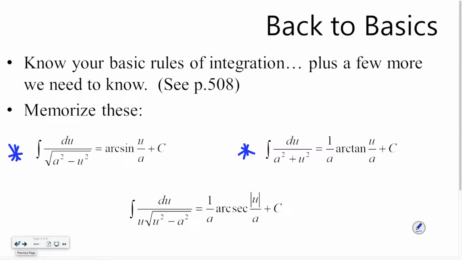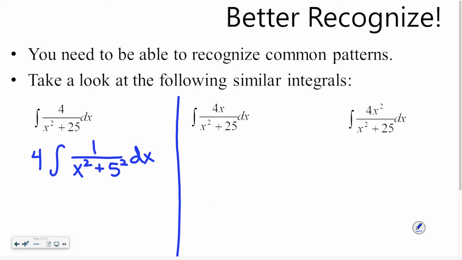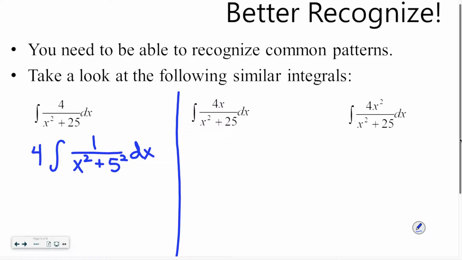Coming back to here, since we have u's and du's, a is a constant, right? It's a 5. So this rule is going to be 4 times 1 over a arctangent of x over a plus c.